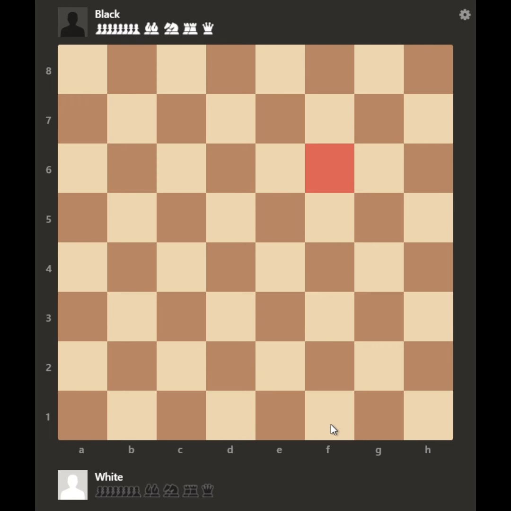We know that it is in the f file and its rank is 6, so the notation of this square is f6. Let's choose another square. Here we know that this is in the c file, its rank is 4, so the notation of this square is c4. I hope you understood the method for finding notations or coordinates.